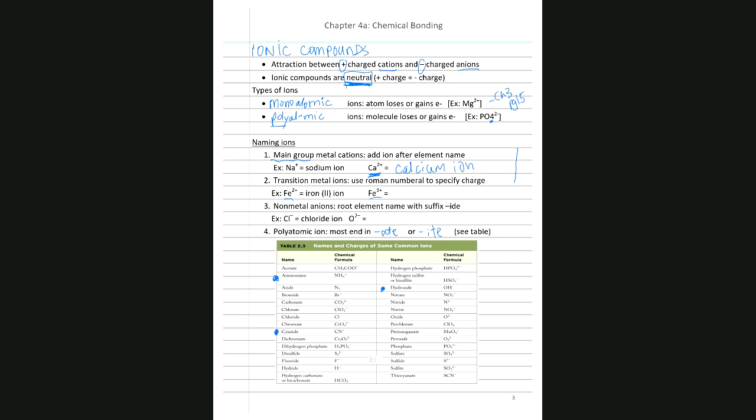Because of that D sublevel, that D sublevel can do some funny things because that 4s and 3d kind of overlap. The electrons can do funny things and end up with multiple different ions. So if we say an iron ion, we have to specify which iron ion, because there's an iron 2+ and an iron 3+. So we specify it by using a Roman numeral to indicate the charge.